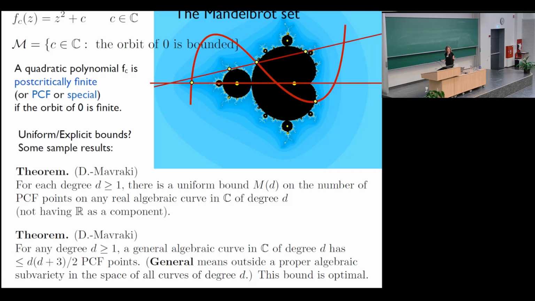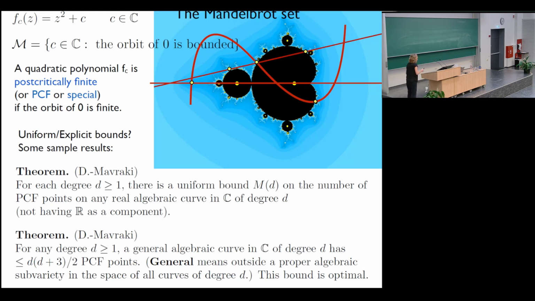So there is some uniform bound, as long as I throw out the real axis as being a component of the curve. So there's a uniform bound, but I don't know how big that has to be. So even among lines, I don't actually know how big that has to be.